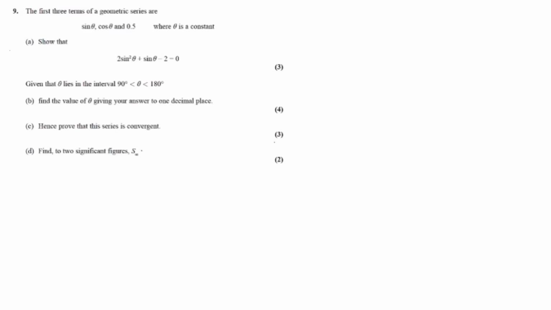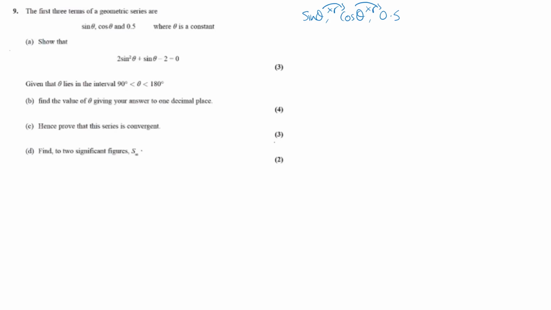Okay, this is another geometric series and trig identities question. So this is telling us that the series goes sine theta, cos theta, and then a half. We get between the terms by the same common ratio because we are told it is a geometric series.